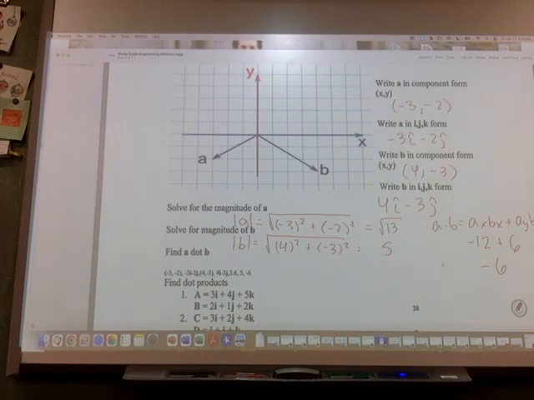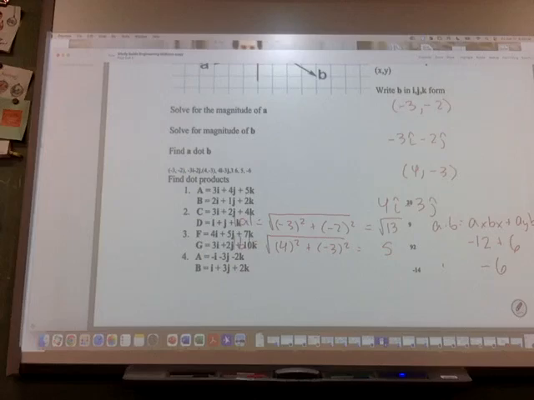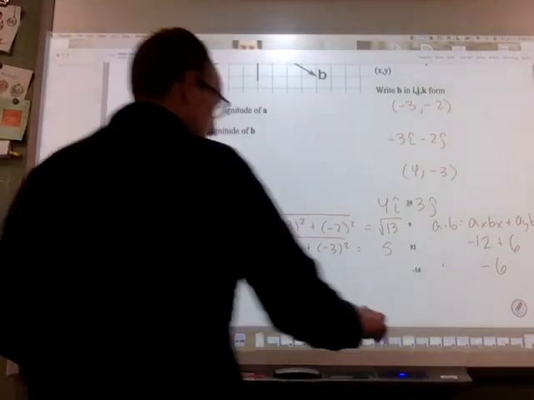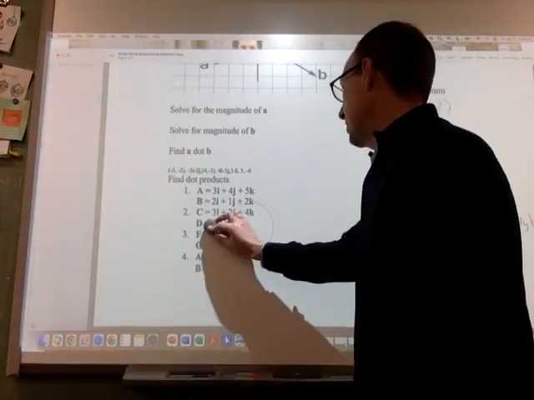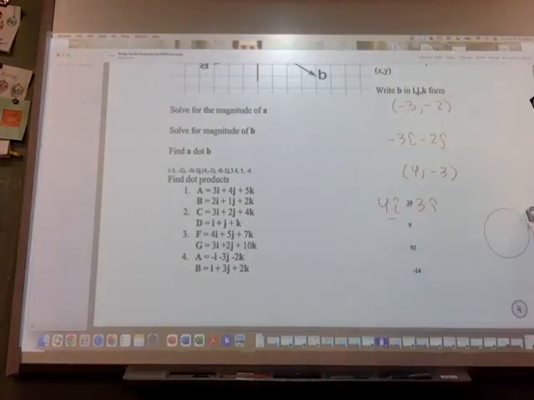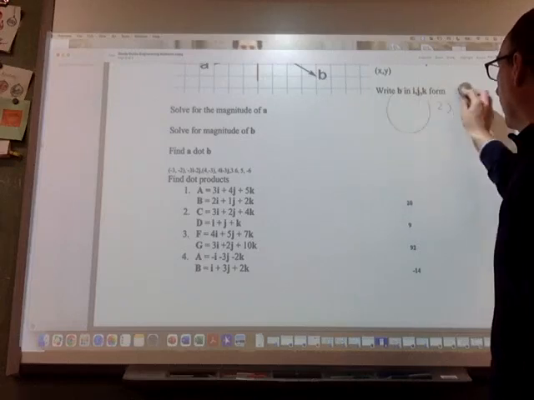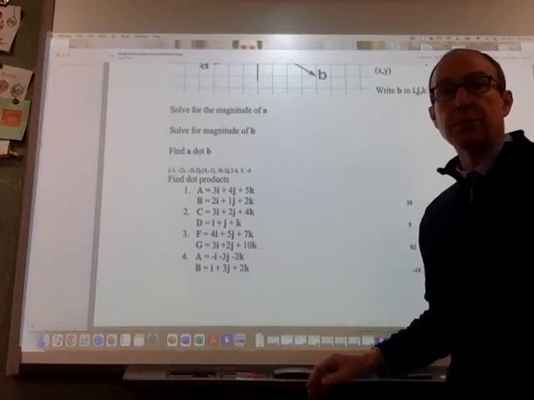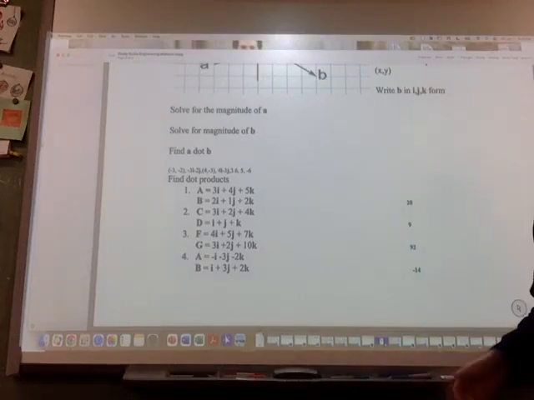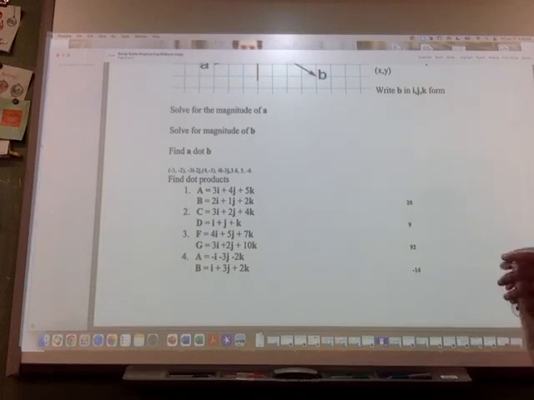And again, these dot products work in 3 dimensions as well. Actually, the most reasonable place to use these cross products and dot products is in 3 dimensions.